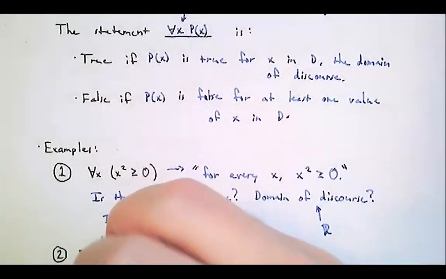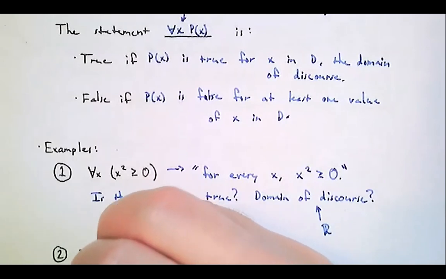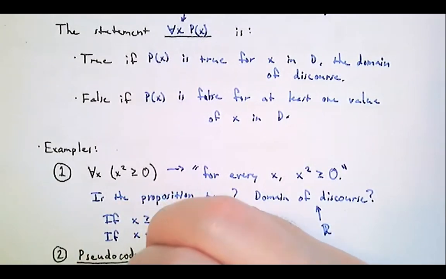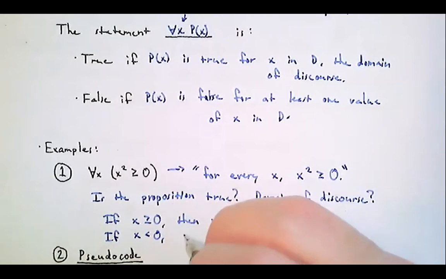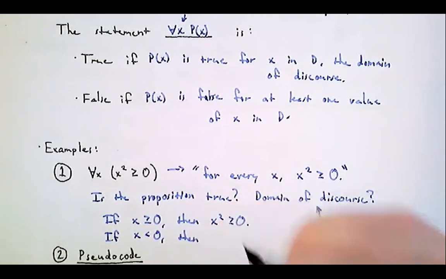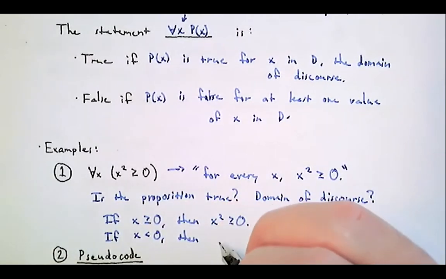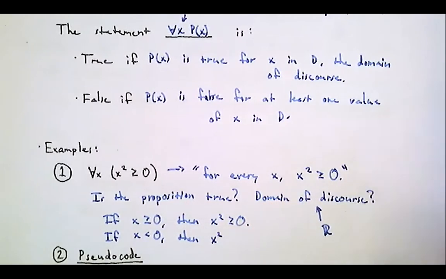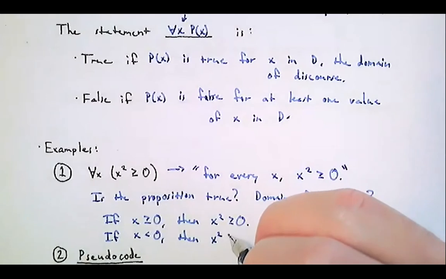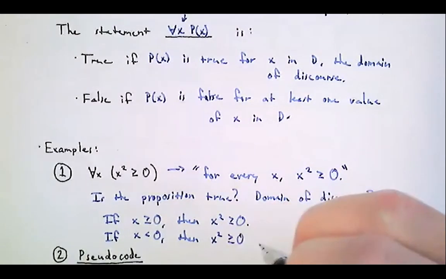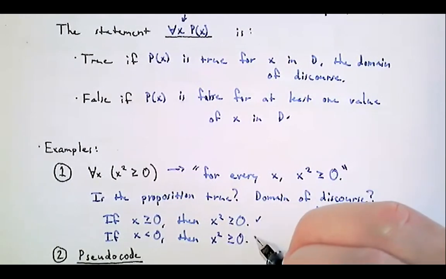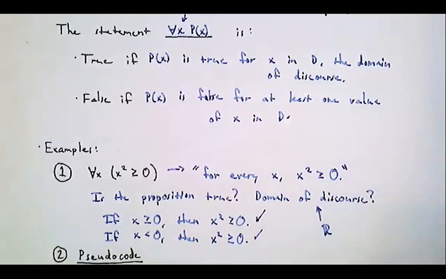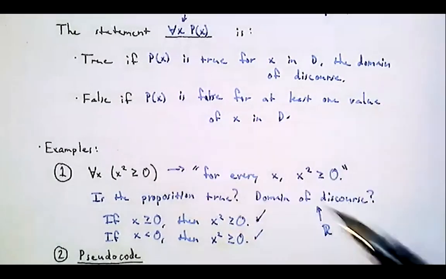If you have a negative number, so if your value of x is less than 0, then when you multiply a negative number by another negative number, you end up with something positive. So x squared is also greater than or equal to 0 in that case. Good. So this is a true proposition.